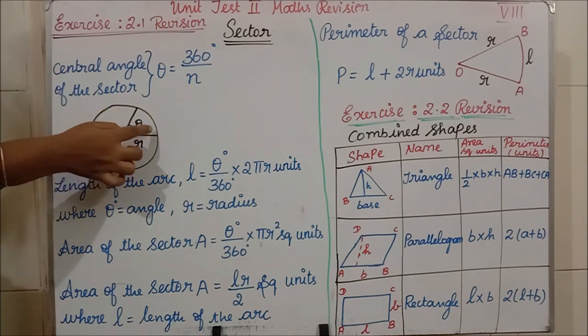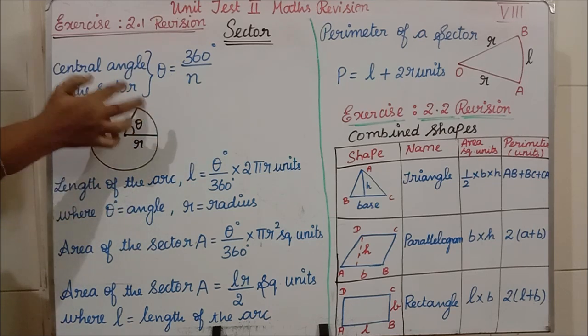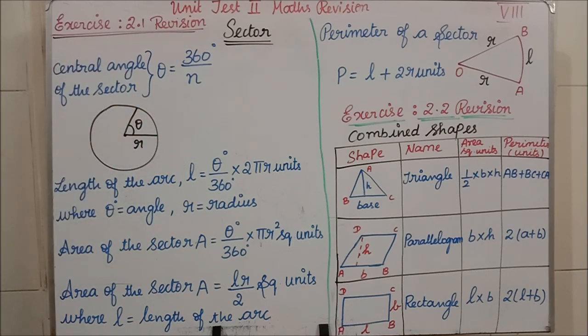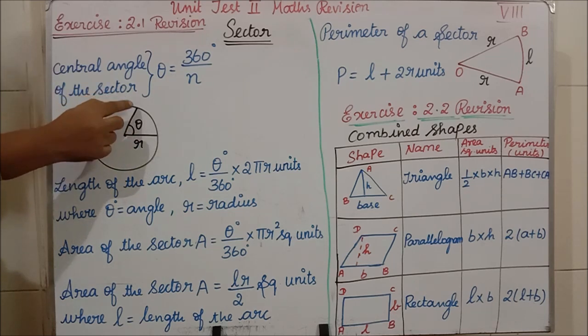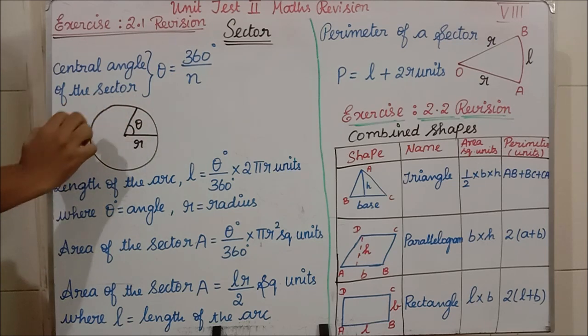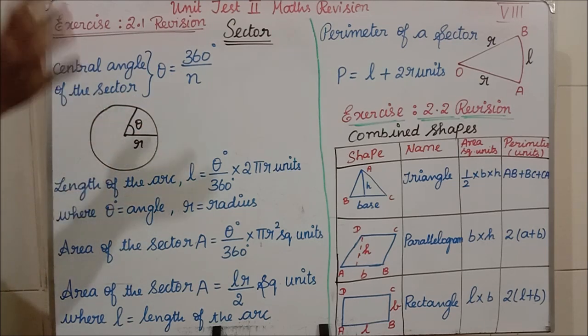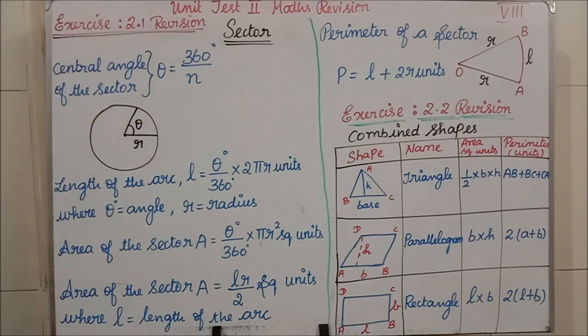A plane surface enclosed between two radii and a circular arc of a circle is called a sector. So this portion, if you cut it out, is the sector.